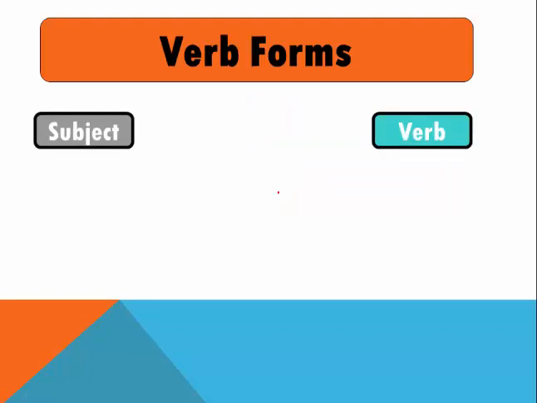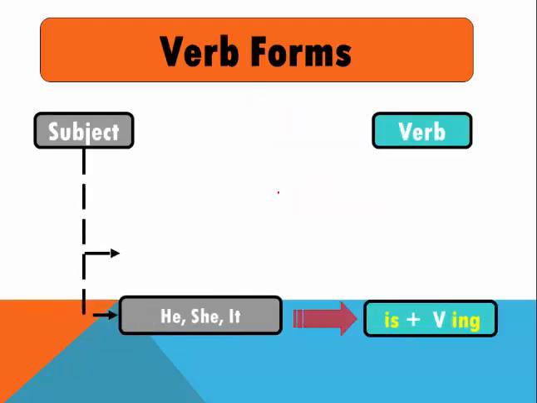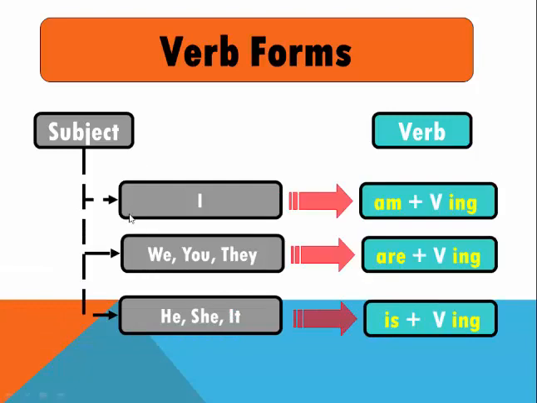And if we talk about the verb forms, here I is different. It is not with that group. I, we, you, they is a different group. Here we, you, they, and plural. Plural is not written here, but you can assume it is here.